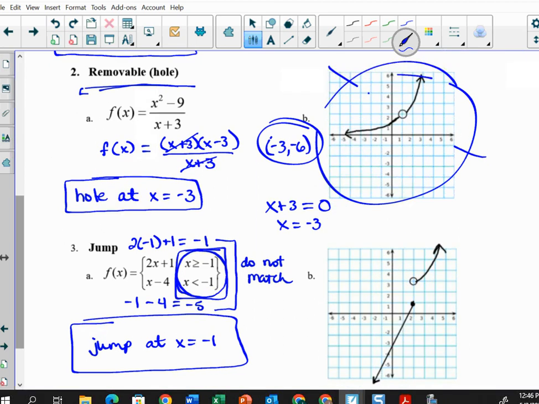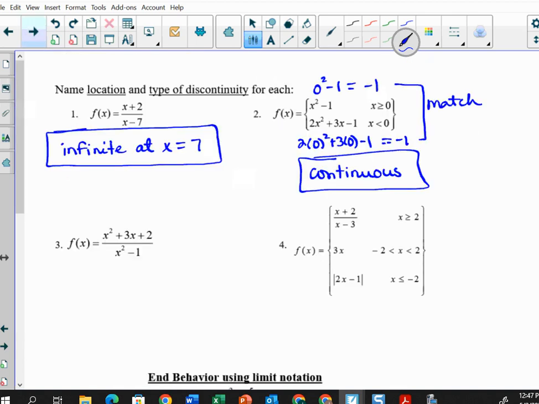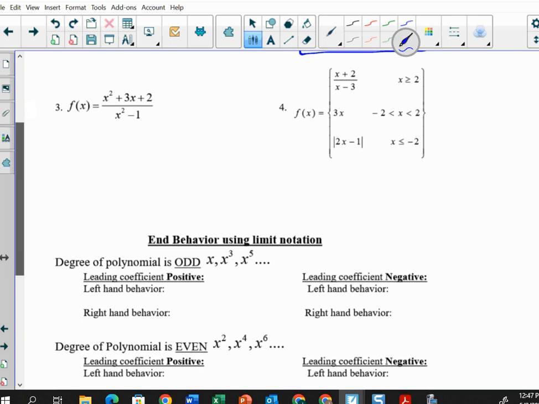It's not at x plus 5 or x minus 2. Say what you mean, okay? Infinite at x equals 2, hole at x equals something. X squared minus 1 is also x plus 1 times x minus 1. Yes, you have to factor on number 3.